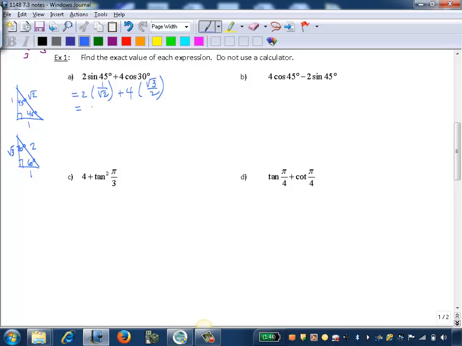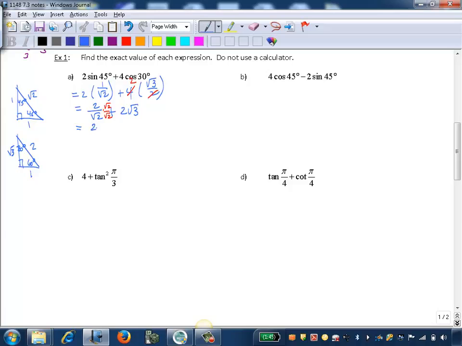So if I simplify here, if I multiply, this will give me 2 over radical 2 plus 4 radical 3 over 2. The 4 and the 2 divide out, so then I'll just get 2 radical 3. And we like to rationalize denominators, so I'm going to multiply by radical 2 over radical 2 here.